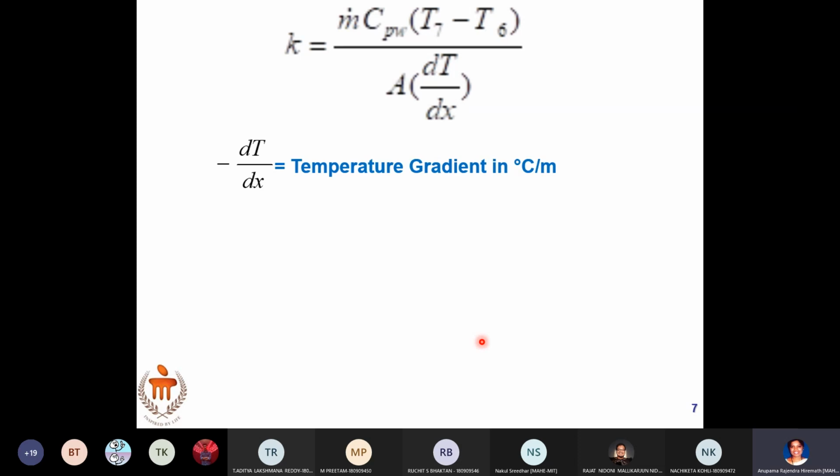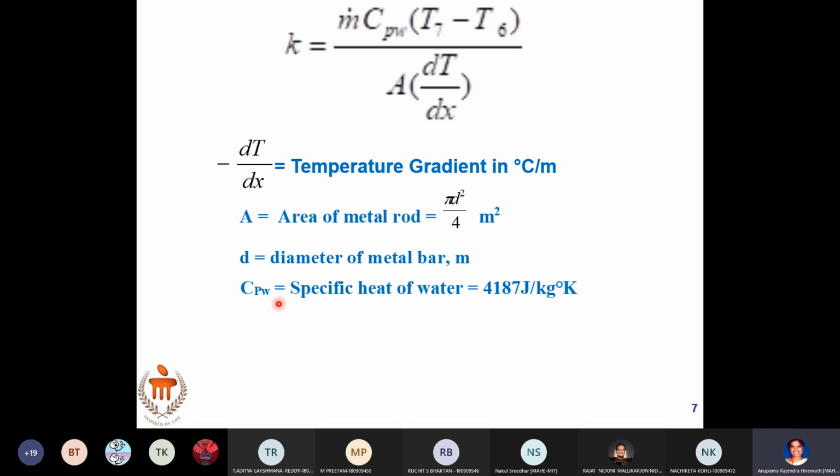Right. So in the equation, dT by dx is the temperature gradient in degree Celsius per meter. Area of the metal rod is pi d square by 4, where d is the diameter of the metal bar. Cp of water, specific heat of water, is 4.187 kilojoule per kg Kelvin or 4187 joule per kg Kelvin.